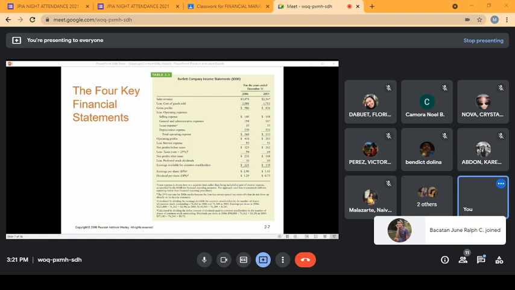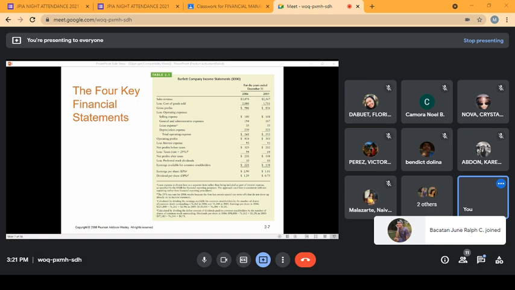Okay? Using financial ratios. Ayun, what is a ratio analysis? It involves methods of calculating and interpreting. Take note, we not only calculate ratios, but we also interpret the ratio.